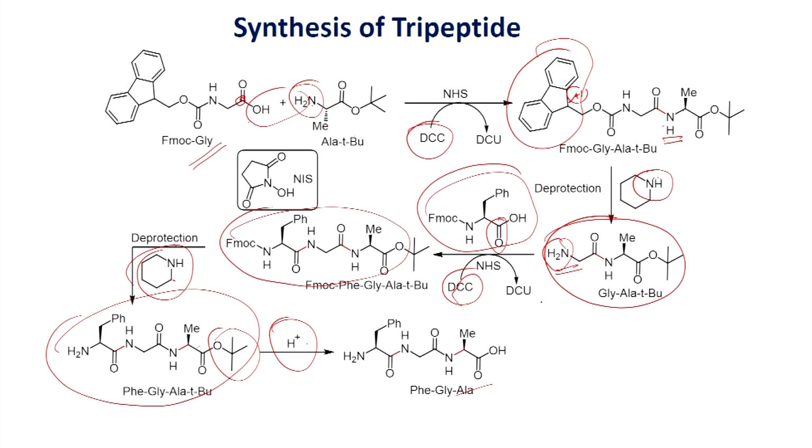So in this case, DCC is converted into the corresponding urea. So this is where the synthesis of peptide is carried out.